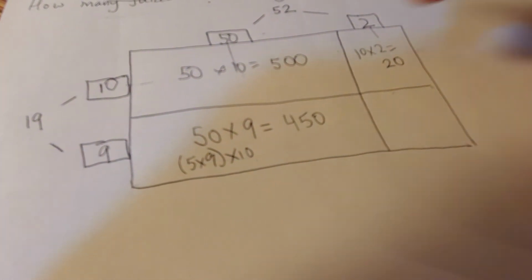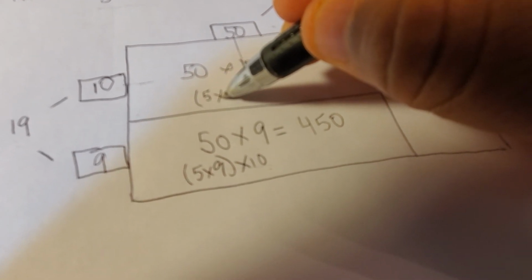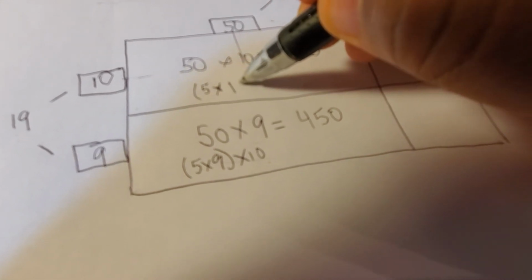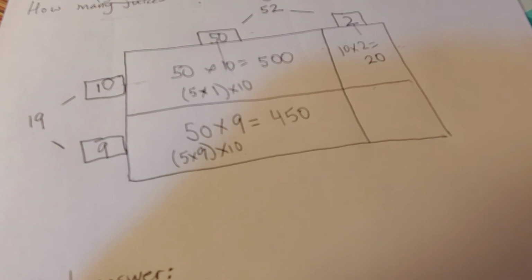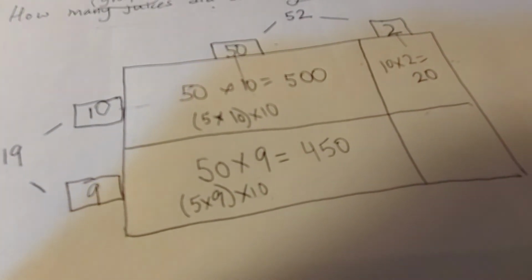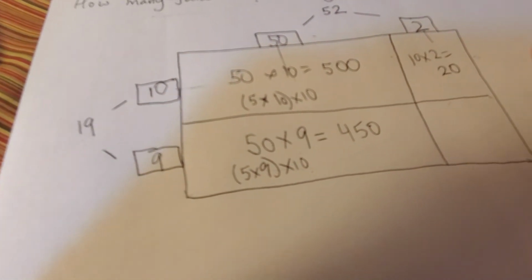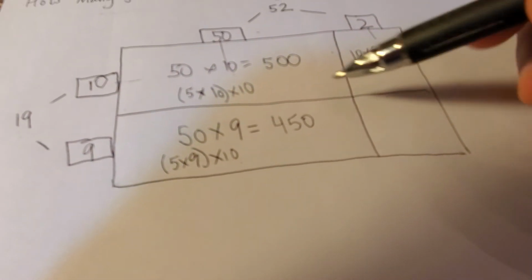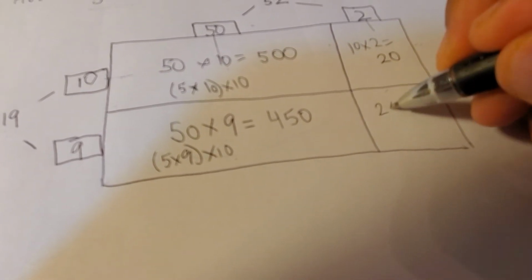And up here, it's 5 times 10 times 10. I'm sorry about that. So here it's 5 times 9 times 10. That's 450. That's the associative property. And then you have 2 times 9. That's 18.